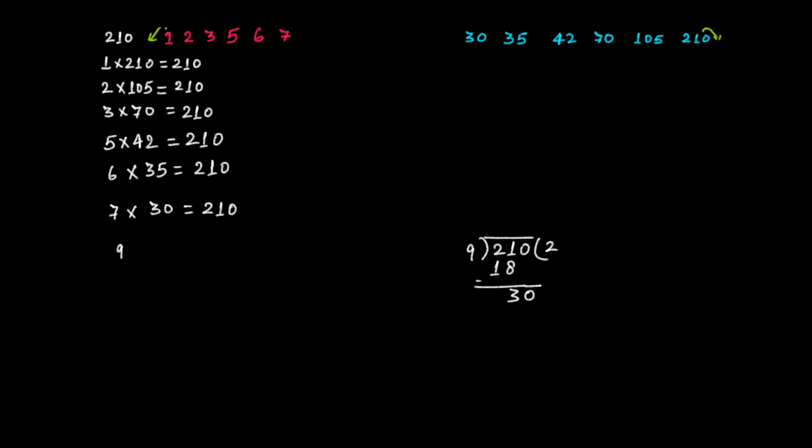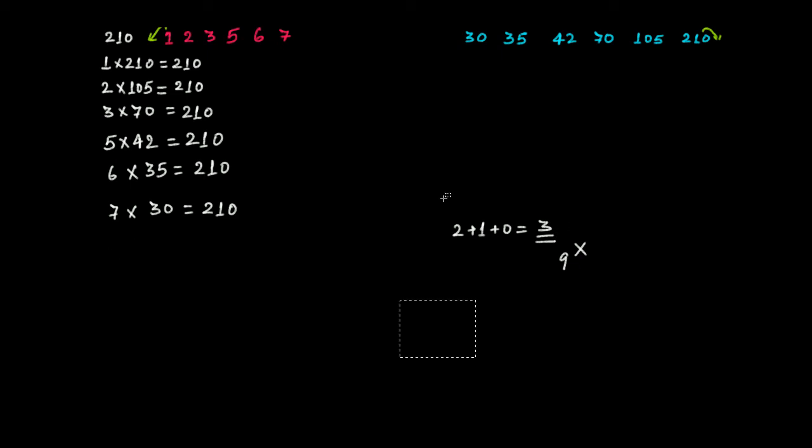There is a shortcut to find whether a number is divisible by 9: add all the digits in the number, and if the sum is divisible by 9, then the number itself is divisible by 9. So 2 plus 1 plus 0 gives you 3, and 3 is not divisible by 9. Therefore, 9 is also not an option.